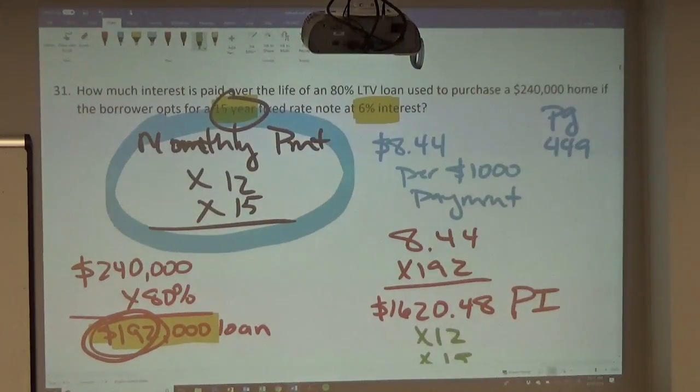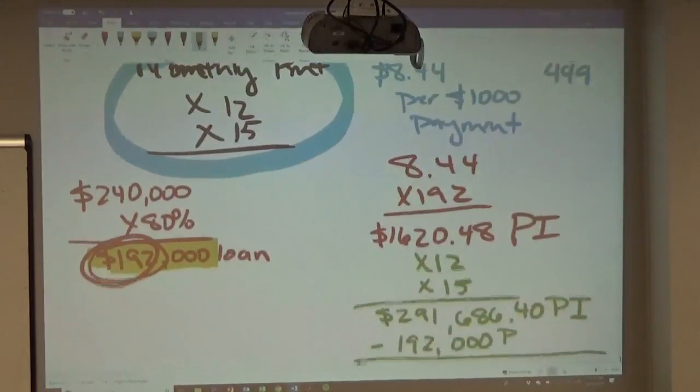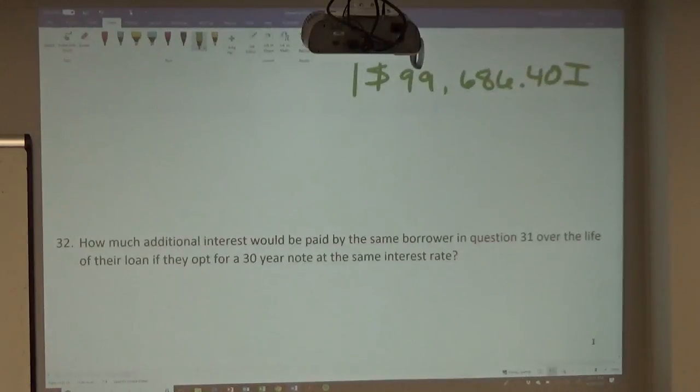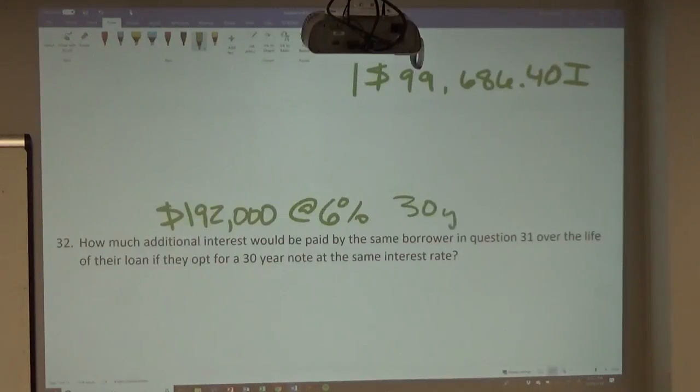6% interest, okay? So it's going to be the same loan, $192,000, but this time it's 6% interest for 30 years. So let's just write that down. Remind ourselves, it's $192,000 for the loan at 6% interest for 30 years.